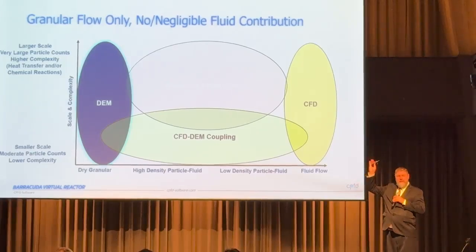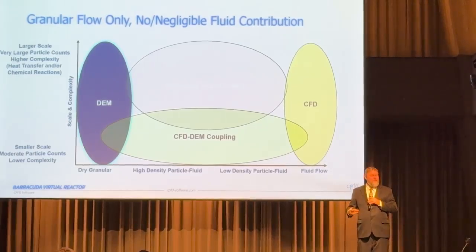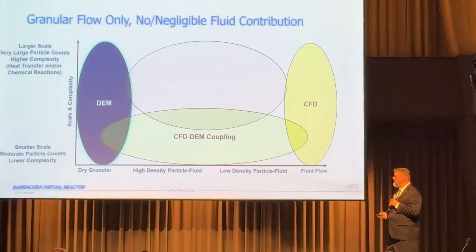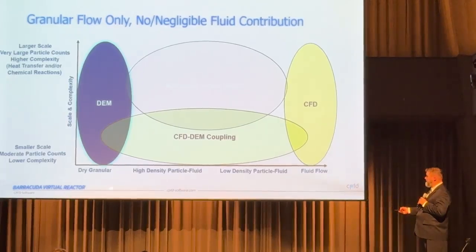Who's familiar with DEM? Does anybody know what I'm talking about when I say DEM? Okay, I'll take a moment. Discrete element method is basically calculating particle flows with Lagrangian particles. So it does a great job for dry granular flow. CFD, computational fluid dynamics, typically does a great job for pure fluid flow. It was built for fluid flow.